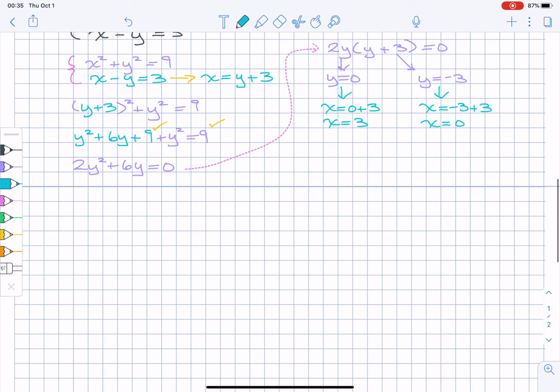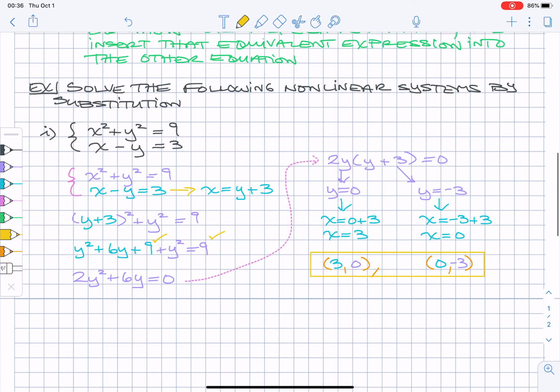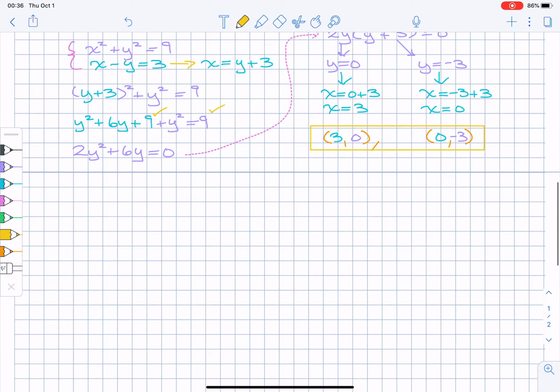So we have the 2 points, corresponding to 3 comma 0 and 0 comma negative 3. So these are the 2 solutions. So if I have a circle and a line, and I have 2 solutions, that must be this first orientation. Okay, so let's do number 2.